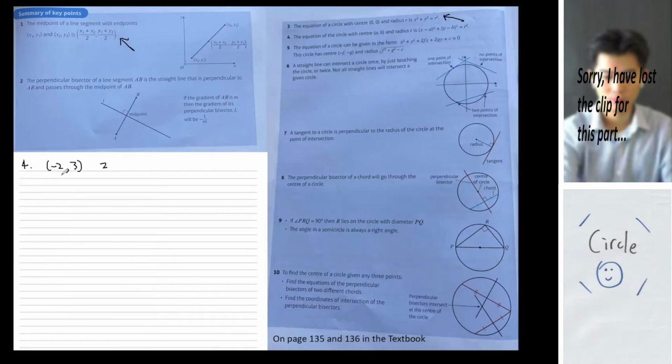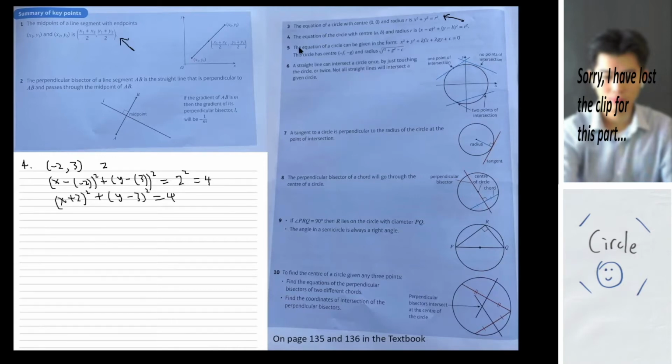So the equation for that circle would be (x minus -2) squared plus (y minus 3) squared equals r squared. So it would be 2 squared, which is 4. (x plus 2) squared plus (y minus 3) squared equals 4.